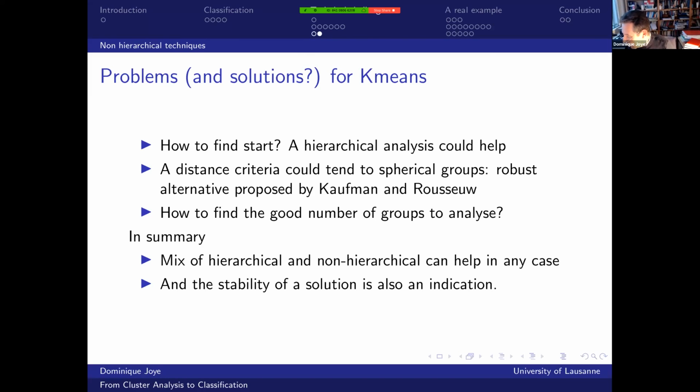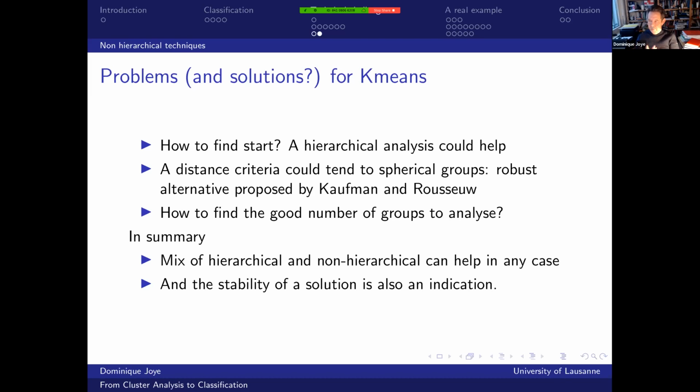So that's the point. The other point that is important to mention is that when you use distance as a criterion, the geographical distance, you will tend to look for circles because you go from the center and you look at the points which are the nearest in terms of distance. So you will tend to have clusters, circles, as results.